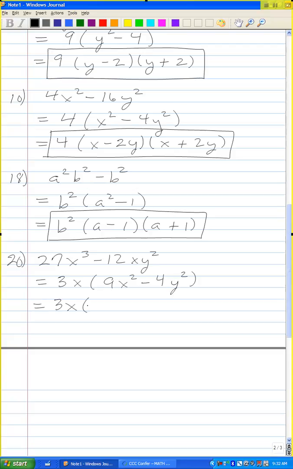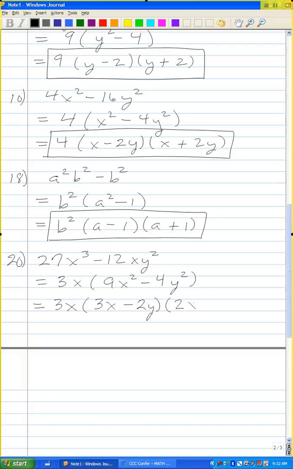And so now 9x squared minus 4y squared is the difference of squares. I can use the special factorization that the difference of squares is just the product of the sum and difference of two terms. The square root of 9x squared is 3x. The square root of 4y squared is 2y.